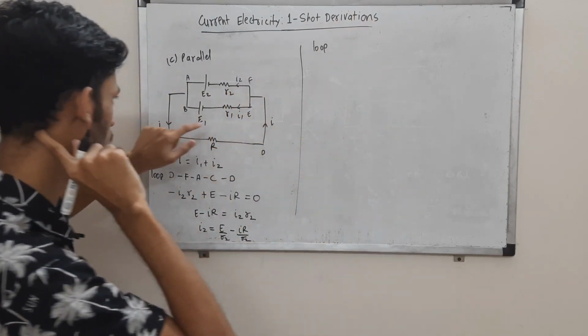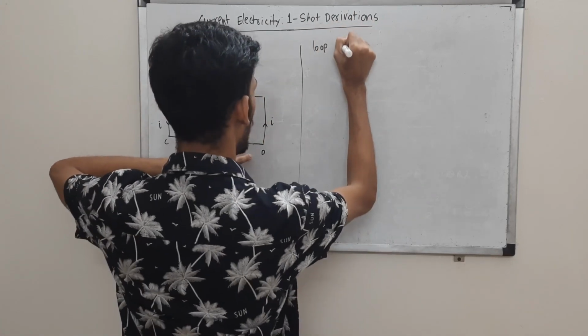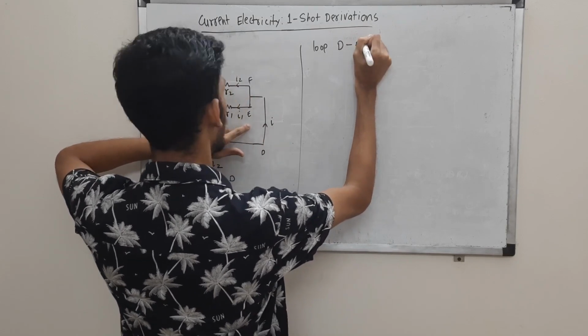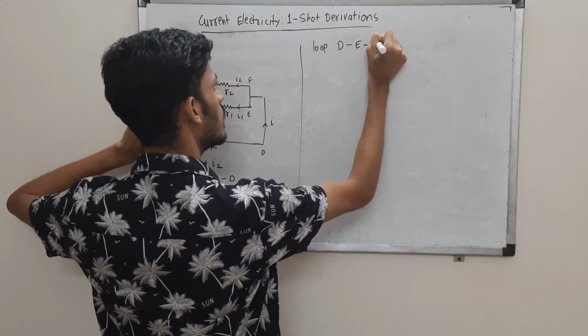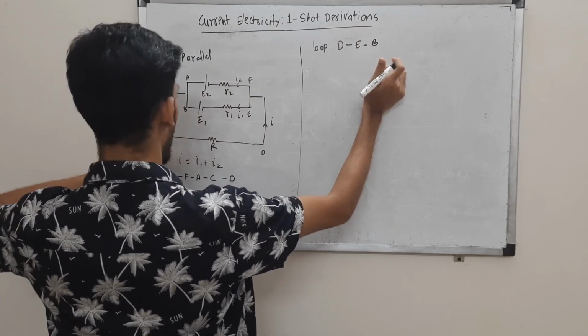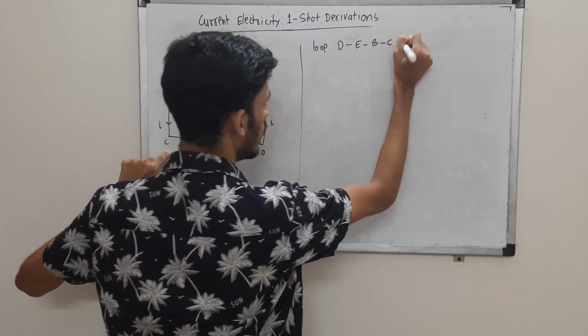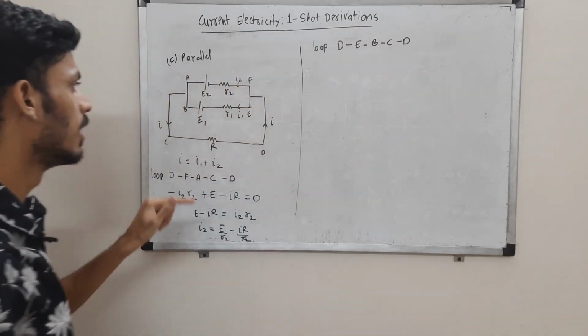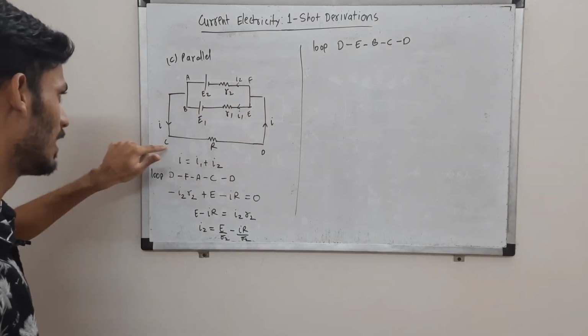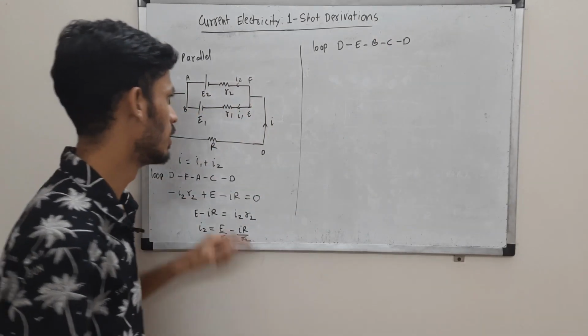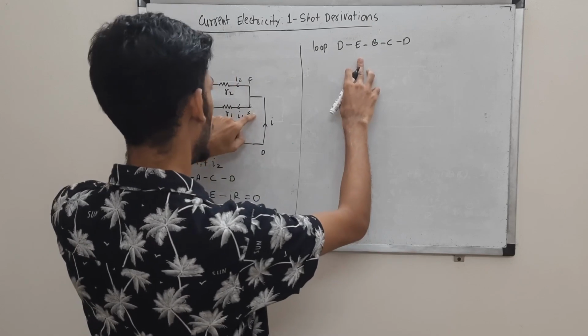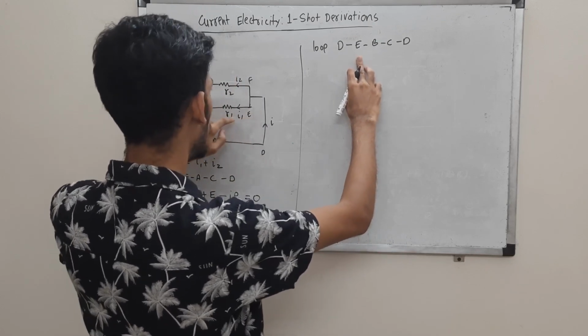I1 is in this branch, so we have to choose the loop D E B C D. Starting from D going to E, nothing is there. Then from E to B there are two components.